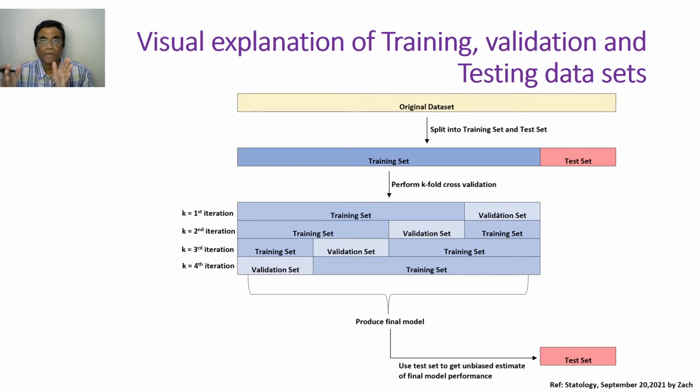That means out of 8,000, say I have 6,000 for actual training, where I will run the gradient algorithm and determine the parameters, and 2,000 I will use for validation. It's just like testing. I will have to validate whatever parameters I have got, and see what percentage of error I am getting in this 2,000 validation set. That's the job of the validation set.